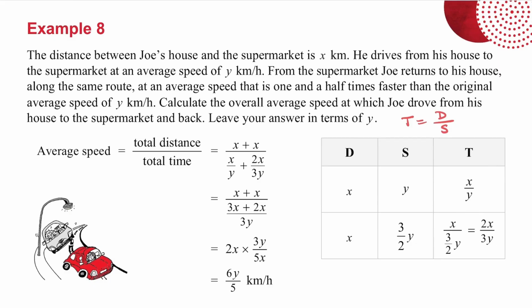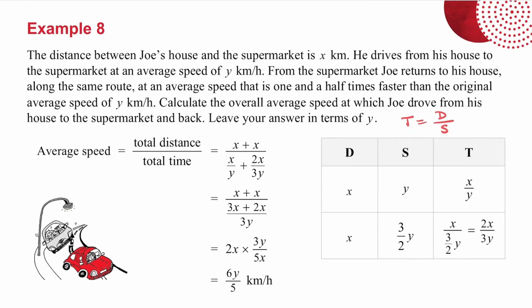From the supermarket, Joe returns to his house along the same route, which means the distance going back is also X. At an average speed 1.5 times faster than Y. So his speed now is 3 over 2 Y, 1.5 times Y. Again, I use this formula.